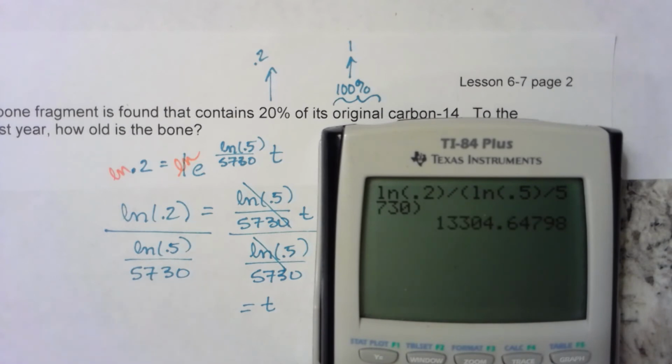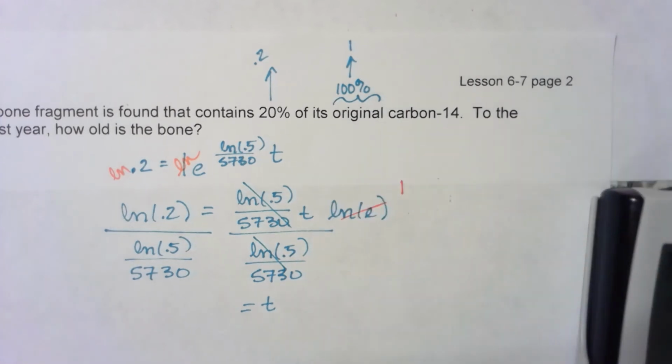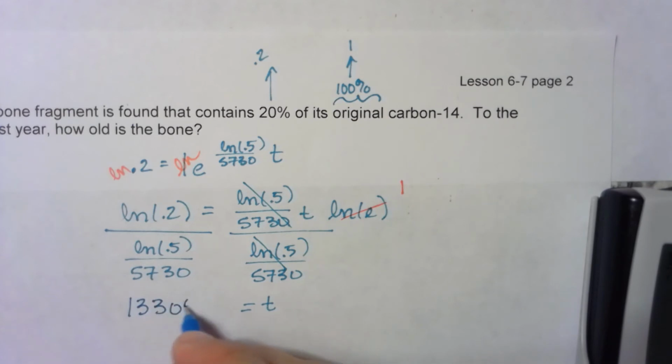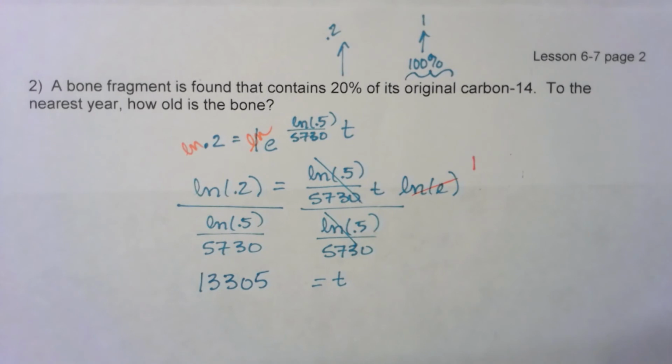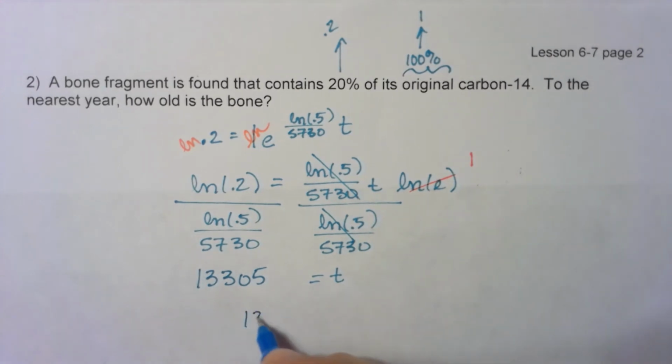And we get this number, 13,305, because it said the nearest year. So what does that mean? That means this bone is approximately 13,305 years old.